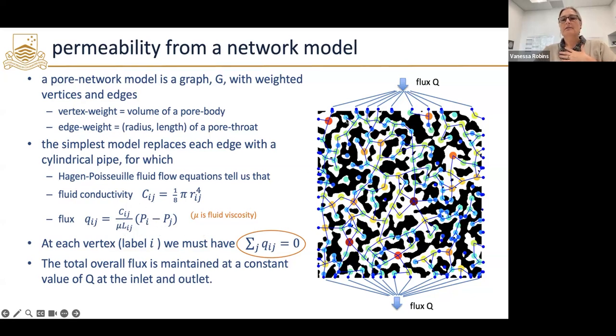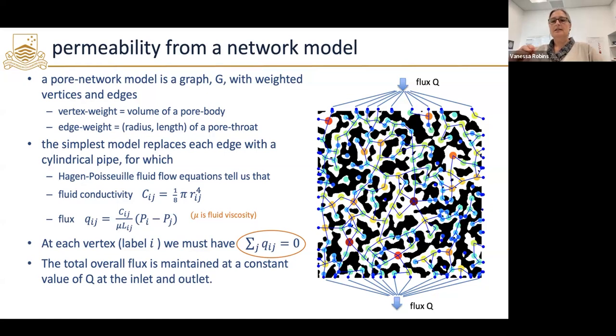Okay. Now, obviously, this is a really crude model of fluid flow through a complex geometric pore space, but my goal in this project was not to assess the validity of this network model. Other people have studied that in great depth, and there's all sorts of different ways to modify the model to get better agreement with the true physical complicated geometry.